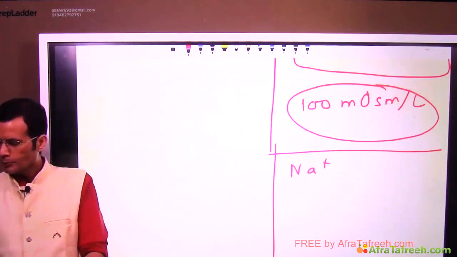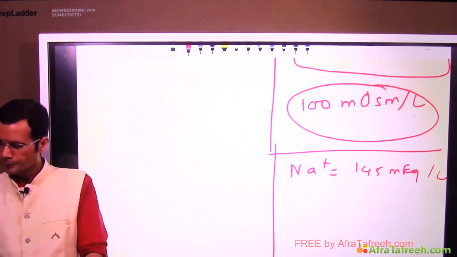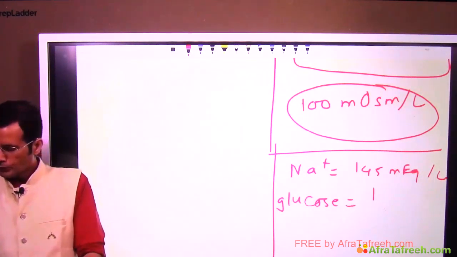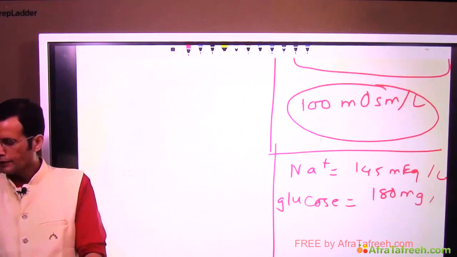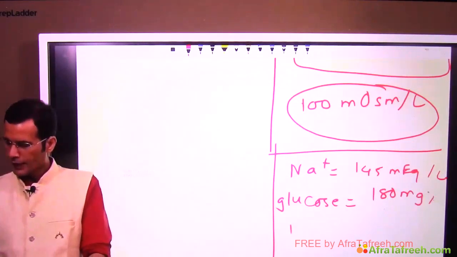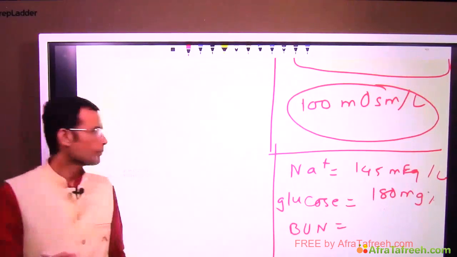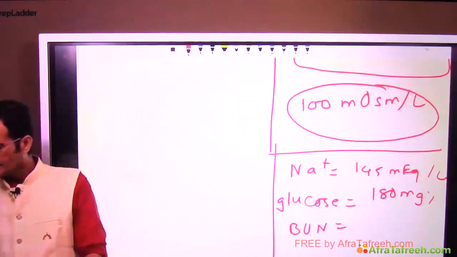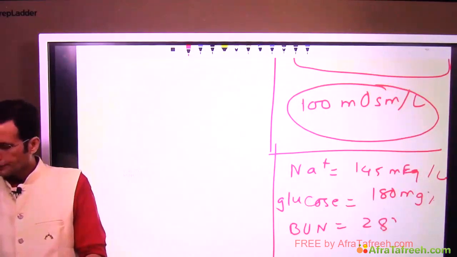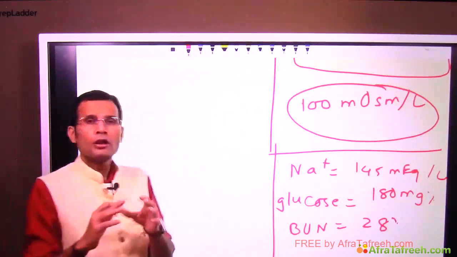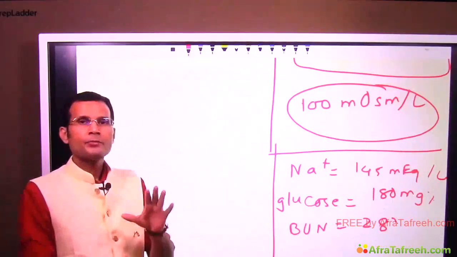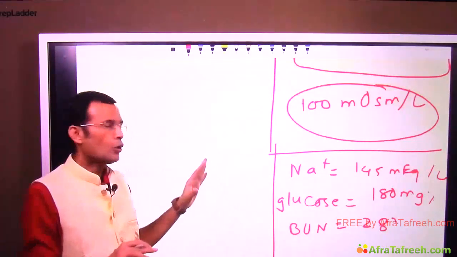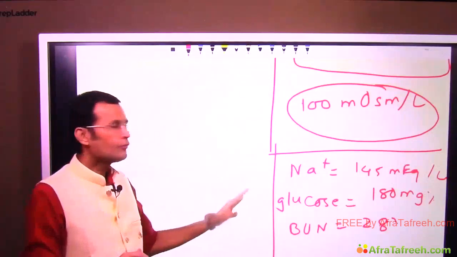Serum sodium was 145 milliequivalents per liter. Glucose was 180 milligram percent, and BUN, blood urea nitrogen, let's say 28. So what is the plasma osmolality of this patient?